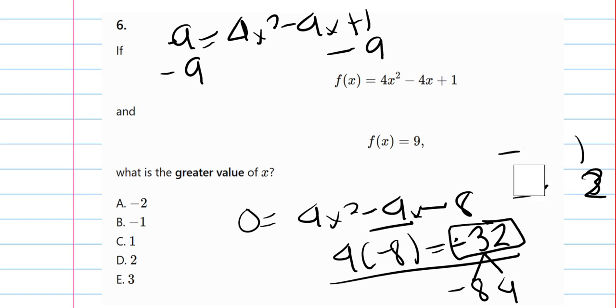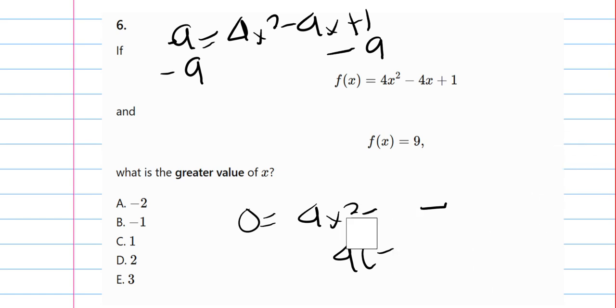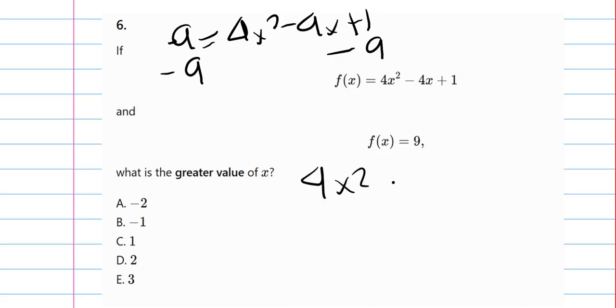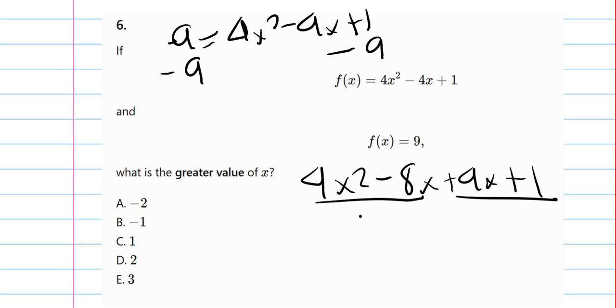Since we got that information, our data, we can just plug it in. So 4x squared and negative 8x plus 4x plus 1. So we can just factor each group here, each binomial.